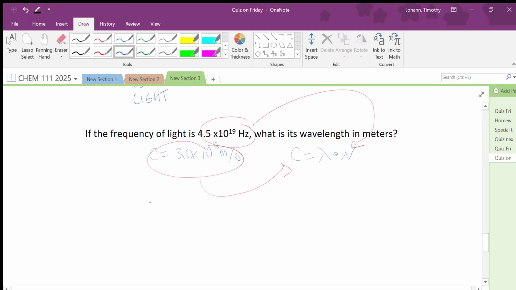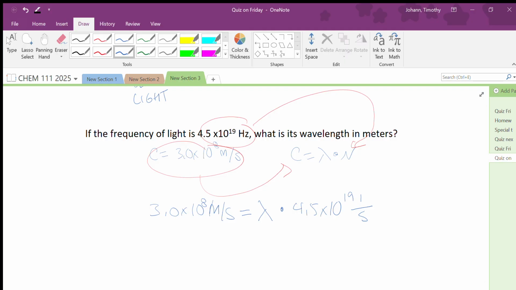So let's go ahead and do that. 3.0 times 10 to the 8th meters per second is equal to whatever my wavelength is, and my frequency is going to be 4.5 times 10 to the 19th hertz. Hertz is 1 over seconds, right? Remember, hertz is 1 over seconds.